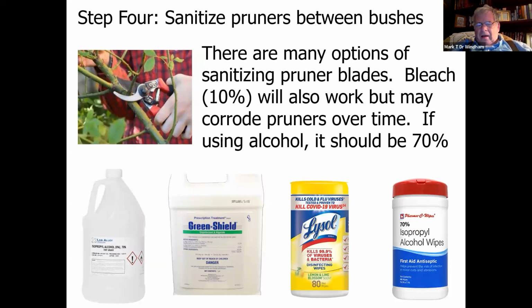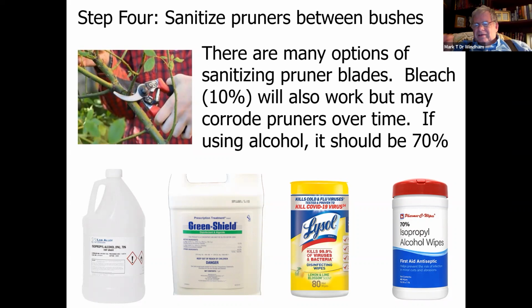Dr. Mark, I have been using 90% alcohol, and I think I heard from somebody that 70% is more effective than 90. That is absolutely correct. 70% is better to use than 90% because at 90% alcohol, it's more difficult for the alcohol to be taken into the cell where it will kill the cell.